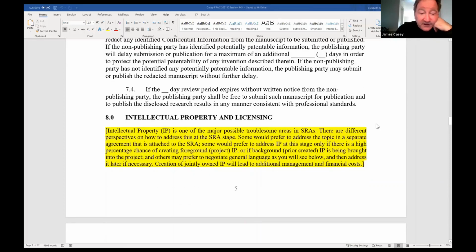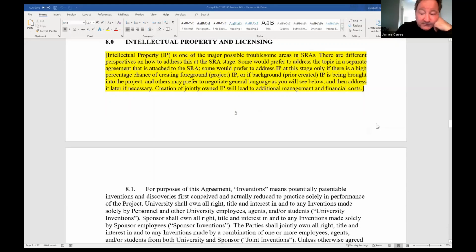Now, clause 8.0, intellectual property and licensing. This is one of the troublesome areas in a sponsored research agreement. IP and licensing is one of the most problematic, well, troublesome clauses, as the FTP would call it.